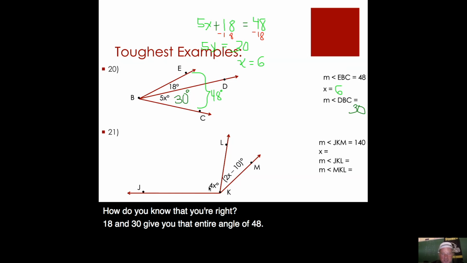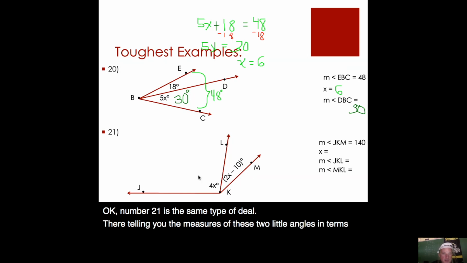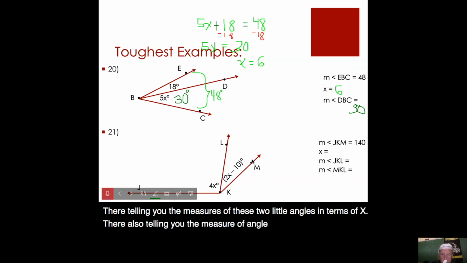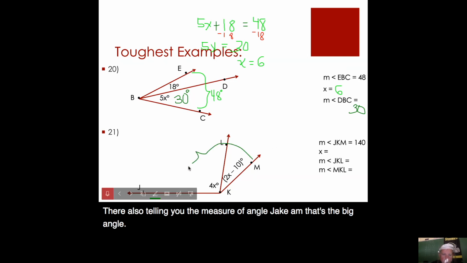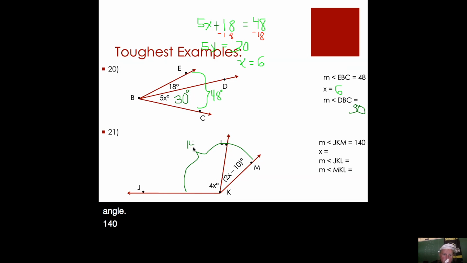Okay, number 21 is the same type of deal. They're telling you the measures of these two little angles in terms of x. They're also telling you the measure of angle JKM, that's the big angle, 140. So we're going to add these two little ones to get the big one.